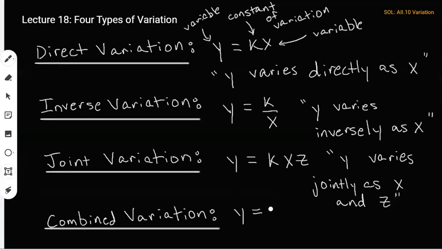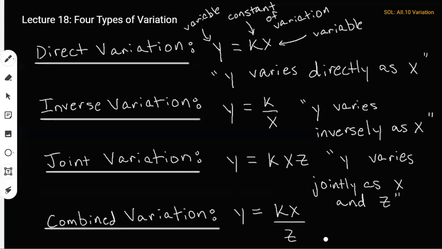For this, it could be anything, but for the formula, we're going to write k times x because y is going to vary directly as x, but we're also going to say we can divide by z. And that means y is going to vary inversely as z. So you can combine two different types of variation and get a completely different equation from the one that you started off with.